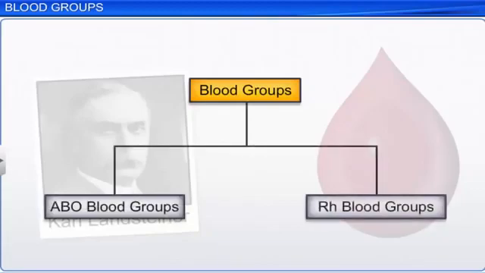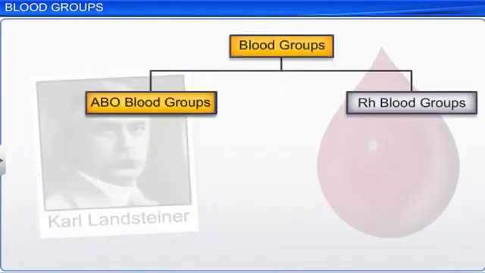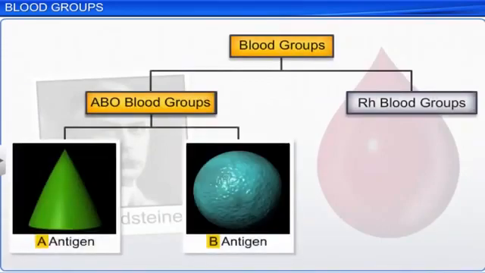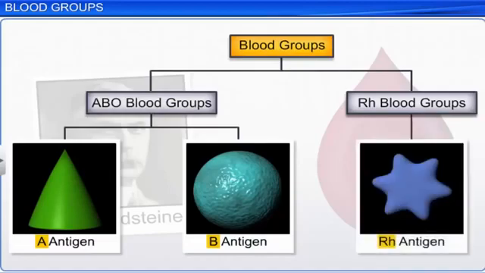and Rh blood groups. The ABO blood groups are differentiated based on the presence or absence of antigens A and B on the RBCs, while the Rh blood groups are differentiated based on the presence or absence of the Rh antigen on the RBCs.